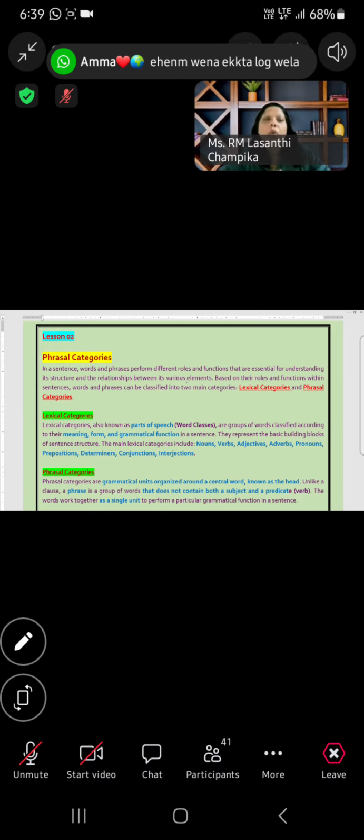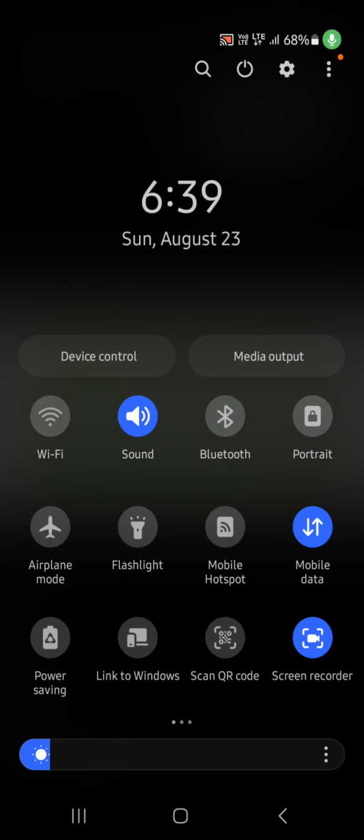In addition to the words, there are phrases within the sentence. I will later explain what a phrase is. Now remember, in a sentence you find several phrases.